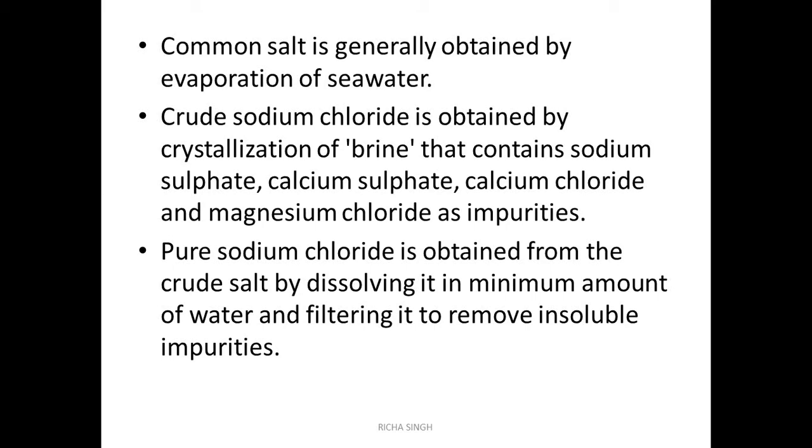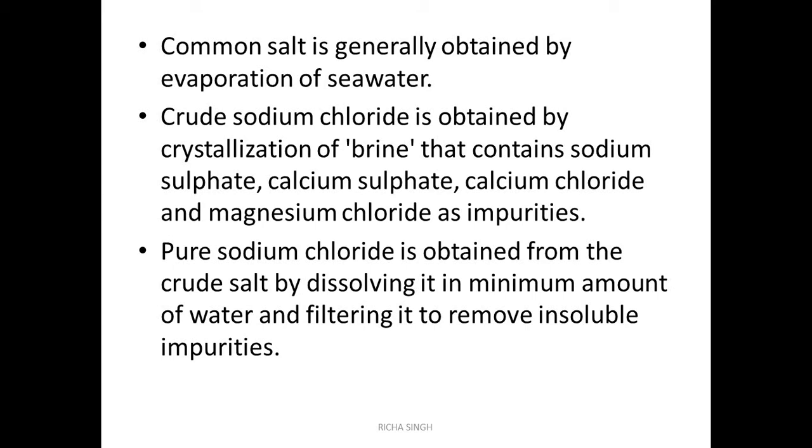Now, brine is an aqueous solution of sodium chloride, which contains sodium sulfate and calcium chloride as impurities. Pure sodium chloride is obtained from crude salt by dissolving it in a minimum amount of water and filtering it to remove the insoluble impurities.